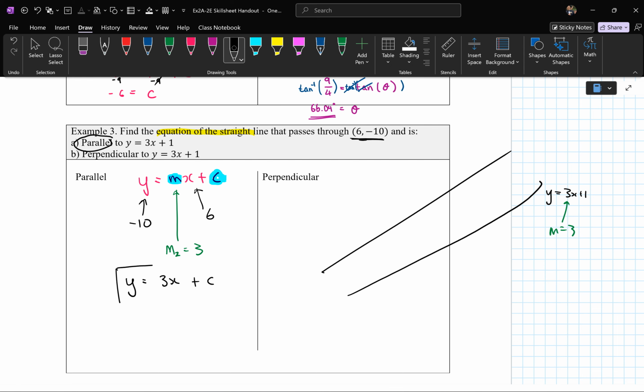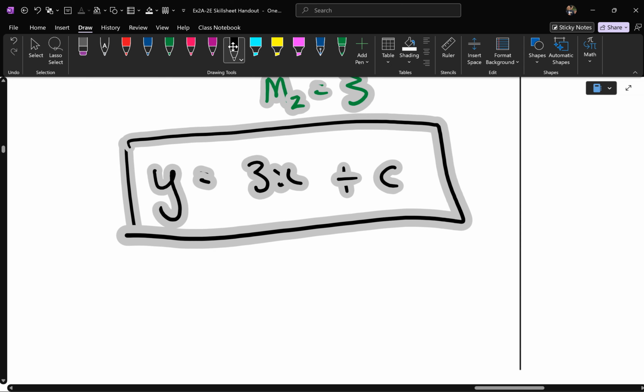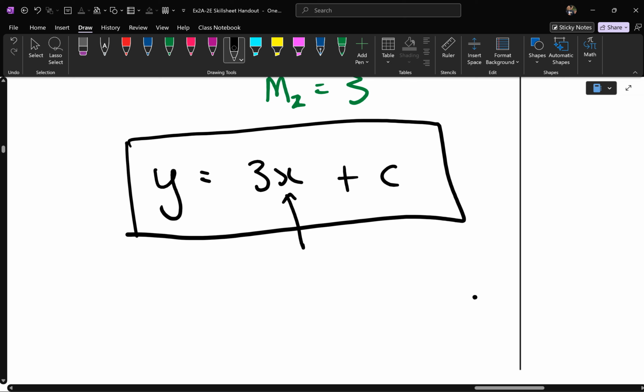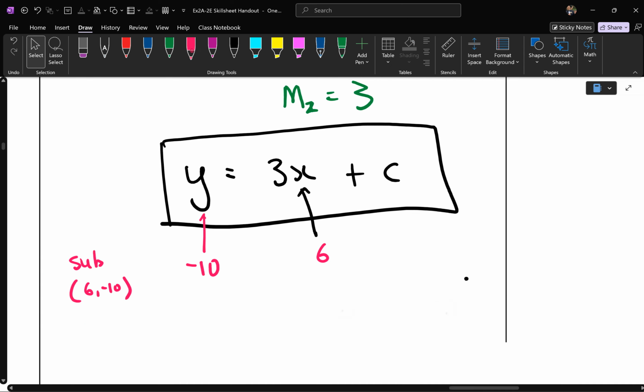So this is the line that we're trying to figure out. What have they given us? The only thing they've given us is 6 and negative 10. It's like a puzzle. They're saying, well, if x was 6, and then y is negative 10. That's all they told us. So you sub it in. This is why you use the points that you have. You use the only things you know. You sub in 6, negative 10. And then this is the equation you get.